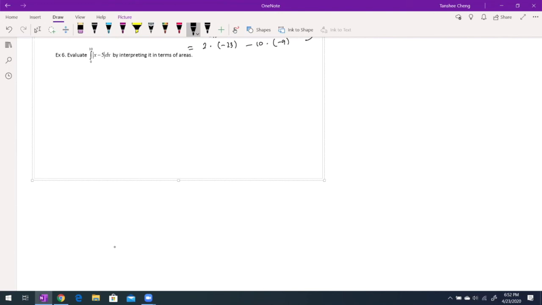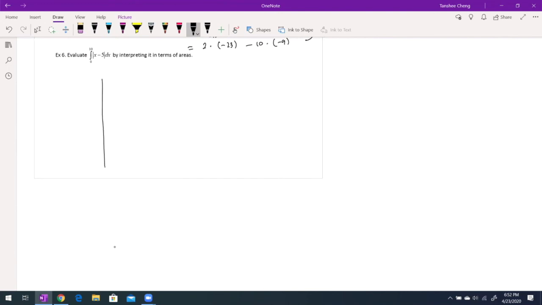So finding the value of the definite integral from 0 to 10 of the absolute value of x minus 5 dx is basically looking for the area. At this point, that's the only way I can approach and think about it.